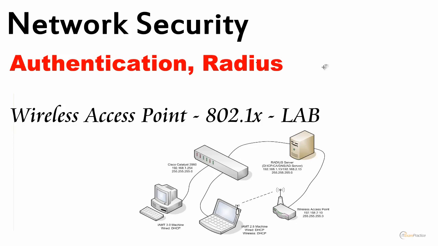You can start with a simple home office, small office router like a Linksys, Netgear, or whatever. There is an option for WPA2 Enterprise. You can enable it and then use a Windows Server 2008 or a free RADIUS application that is available. Thank you very much.